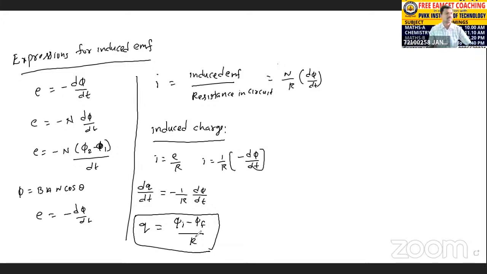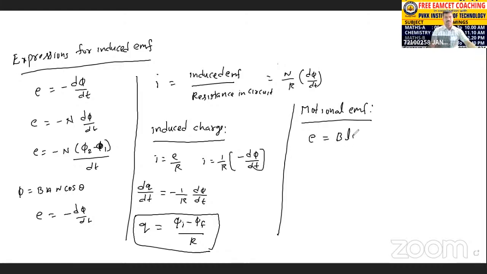Okay, next we discuss motional EMF. The motional EMF formula says motional EMF E is equal to BLv. If the rod is moved making an angle theta, E is equal to BLv sin theta.